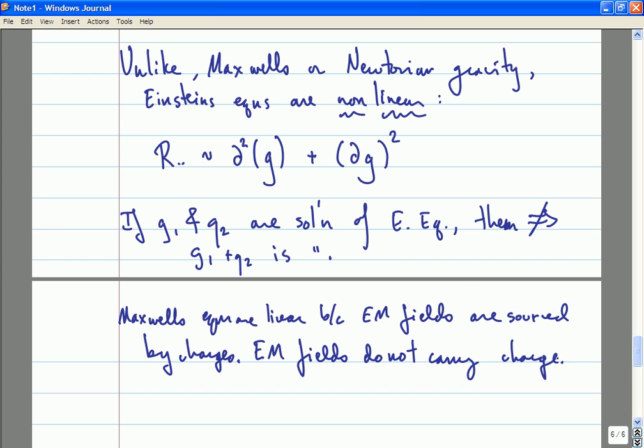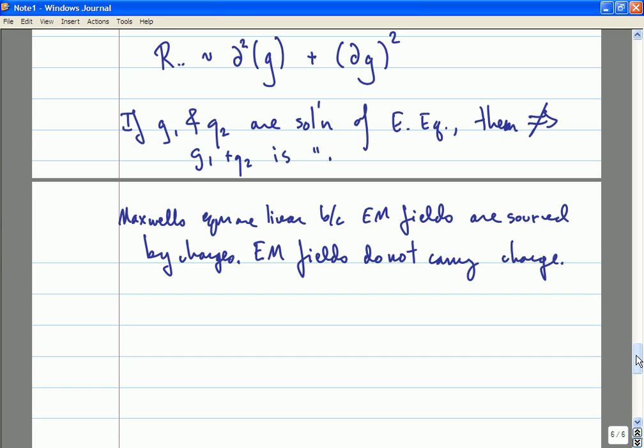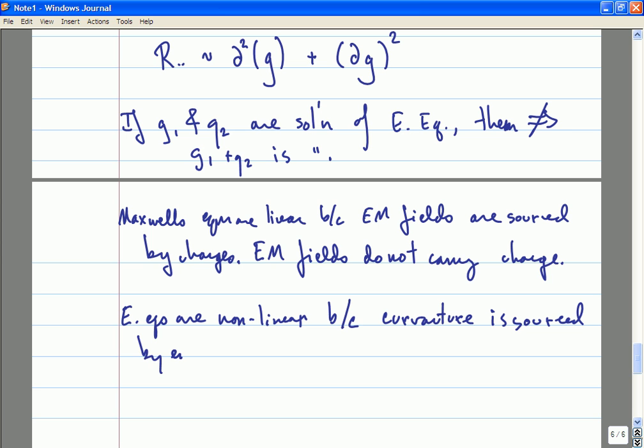But in general relativity, the situation is quite different. The Einstein equations are nonlinear because curvature is sourced by energy. And everything has energy, including gravity itself.